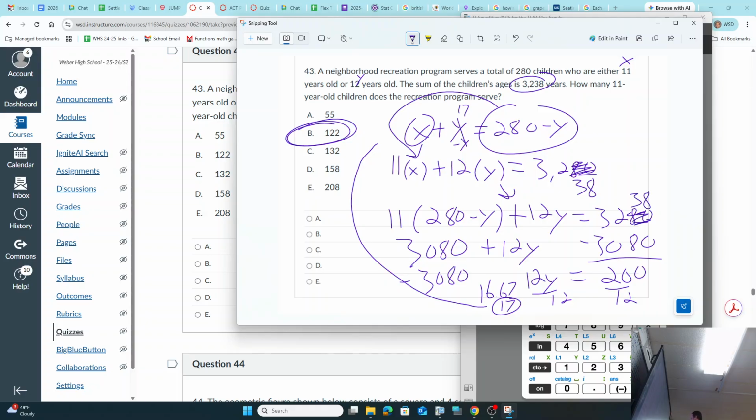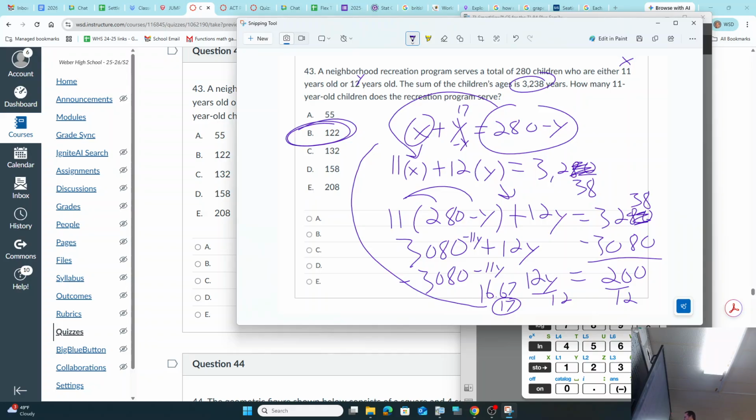3238. There we go. So minus the 3080. Yeah, okay. So 3238. We're trying to, oh, and I forgot the minus y. Guys, so distribute. So don't forget the minus 11y. There we go.